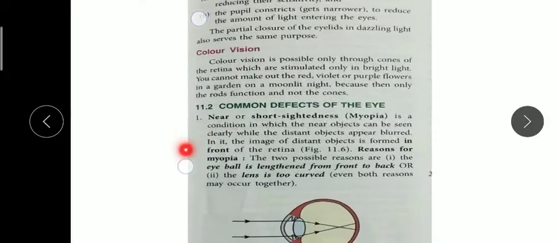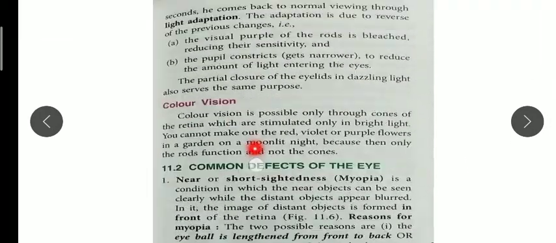So the same thing as I told you: in light adaptation, from the dark room we are coming outside under the sun, so we feel that we are unable to see, and we feel the dazzling-like effect for a short period. So that condition is called light adaptation. What is the light adaptation? It is due to the rod cells. The visual purple of the rod is bleached, it is destroyed, so it reduces their sensitivity.